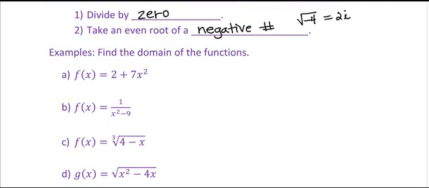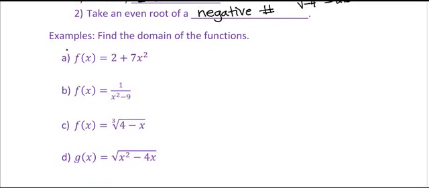If I want to find the domain of these functions, f of x is equal to 2 plus 7x squared. Well, here I don't have to worry about any fractions, any radicals. I can plug any value of x into this, square it, and I get a result. So this function is defined for all real numbers.